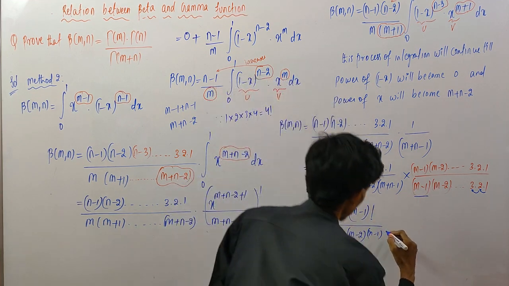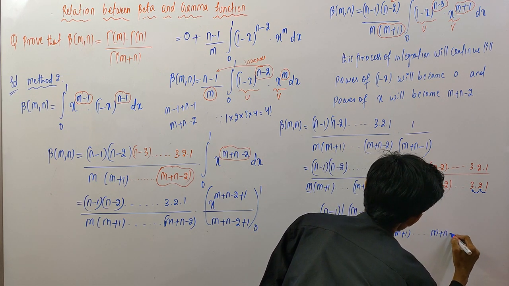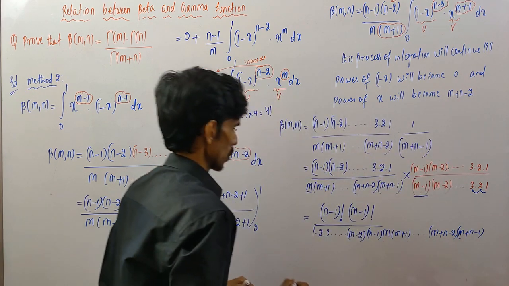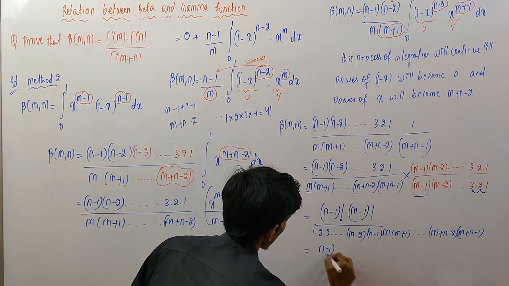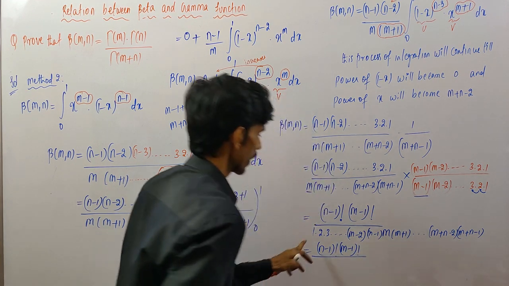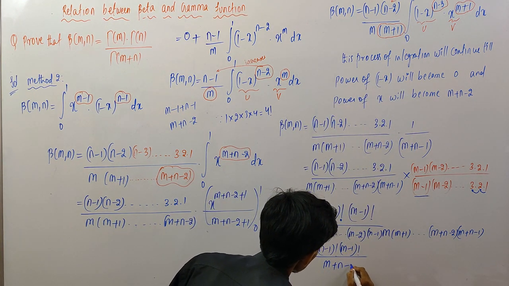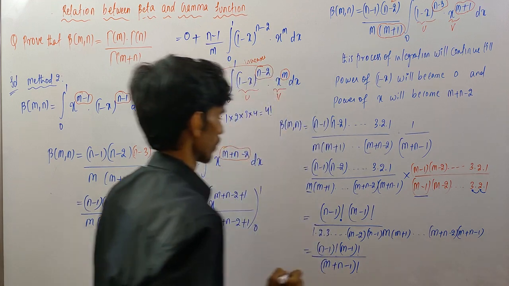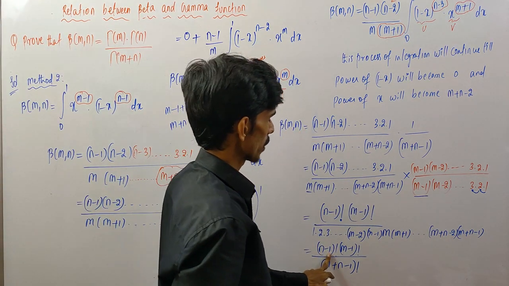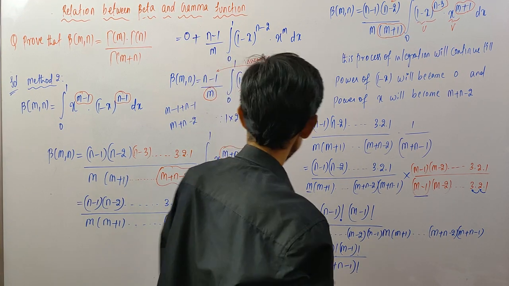Next we have m into m plus 1 and so on up to m plus n minus 2 into m plus n minus 1. So we have n minus 1 factorial, m minus 1 factorial divided by, the last value being m plus n minus 1, m plus n minus 1 factorial. Finally we got beta of m comma n as n minus 1 factorial, m minus 1 factorial divided by m plus n minus 1 factorial.